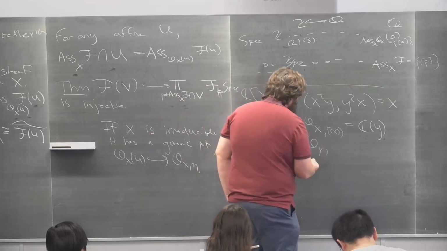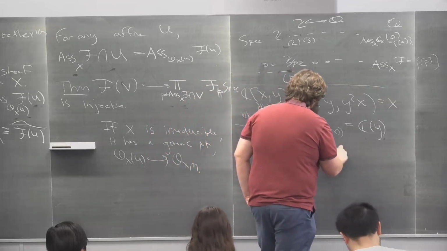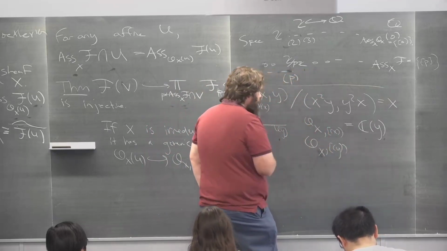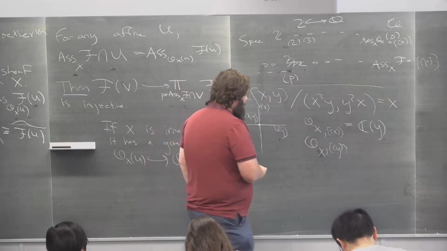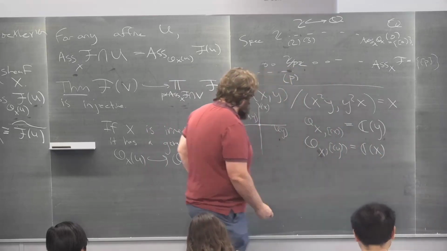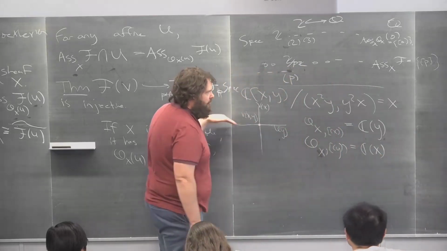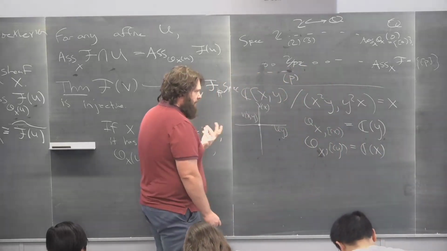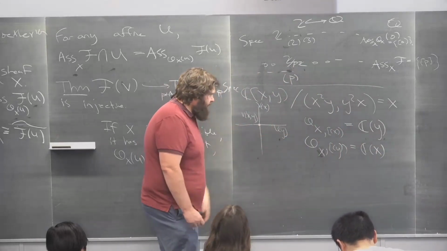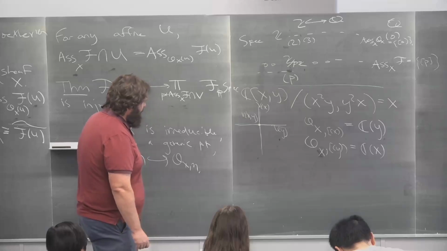Similarly, if I take the stalk at the point given by y, then I get rational functions in x. And similarly, if I look at this vanishing set where y vanishes, indeed, a function here which blows up at finitely many points is exactly a rational function in x.